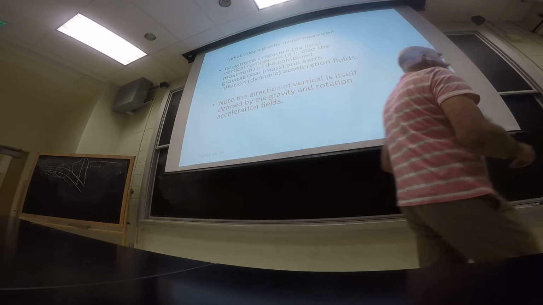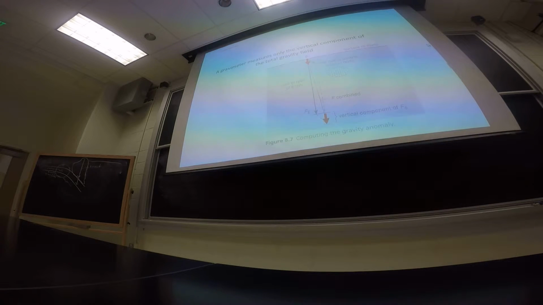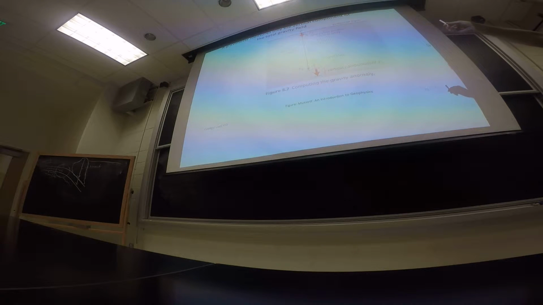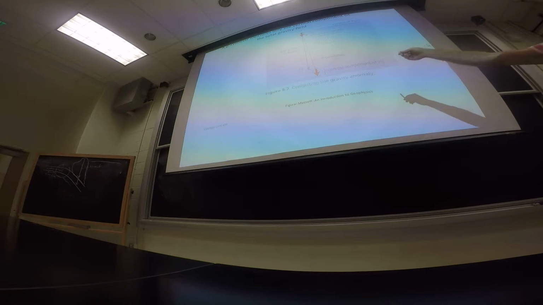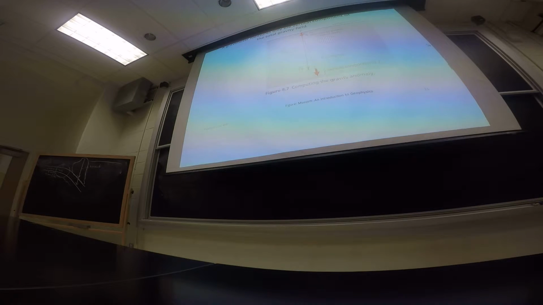So as an example, suppose you had a pull of an excess body. You've got the pull of the Earth, which is vertical. The combined pull is some angle from the vertical, so you have to take the projection of the combined pull and project it along the vertical.